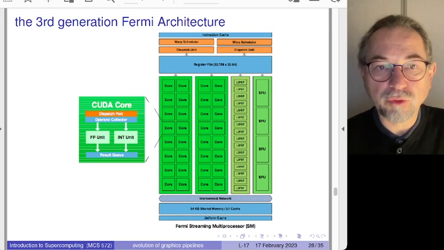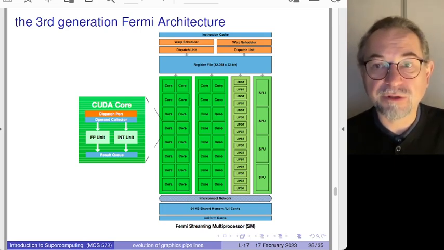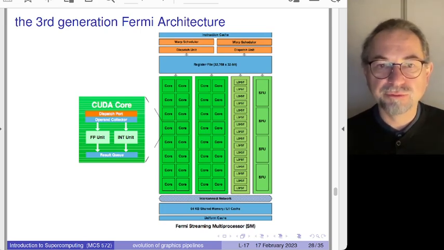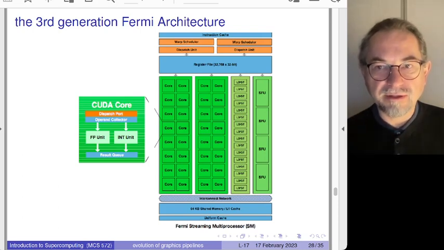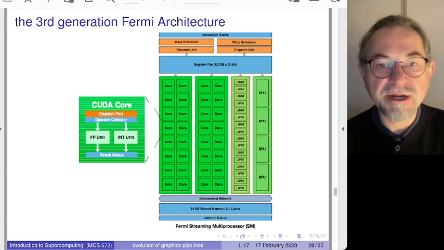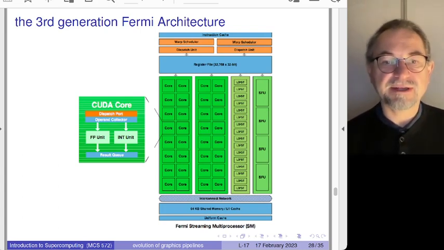You have the controllers and the caches. Every core has space for registers, and that's important to know. Every group of cores, we call that a warp, has its device memory, which could be considered as some type of cache. This picture should probably have started with that as well.